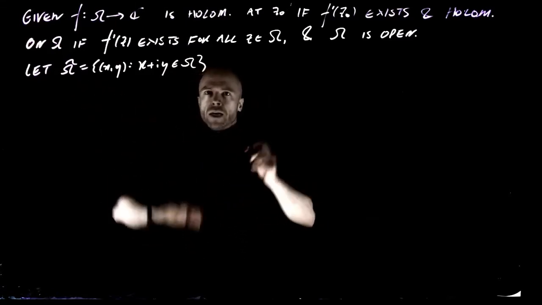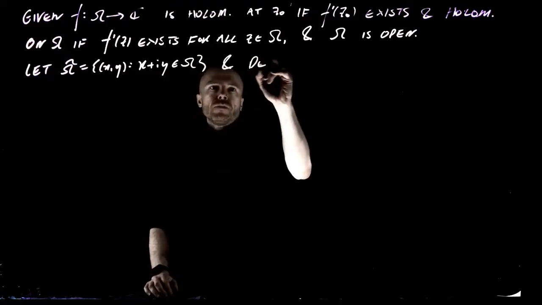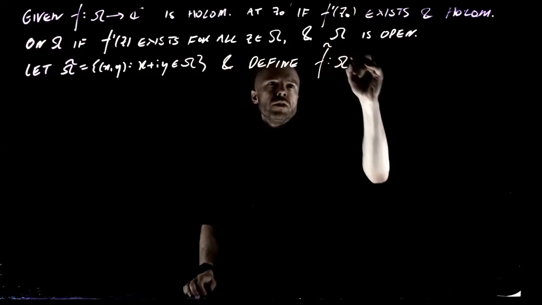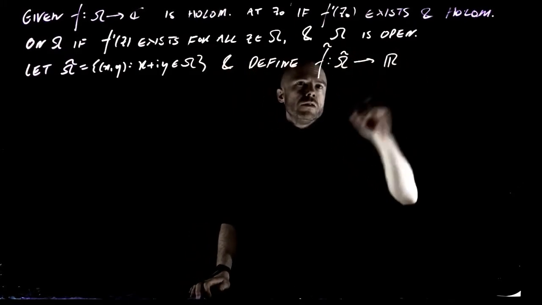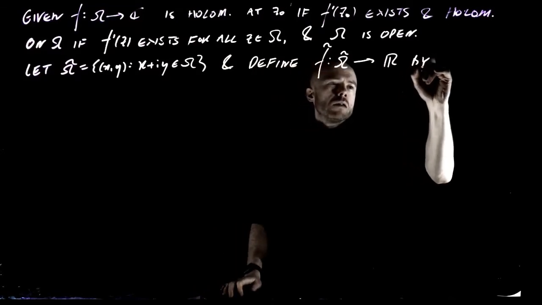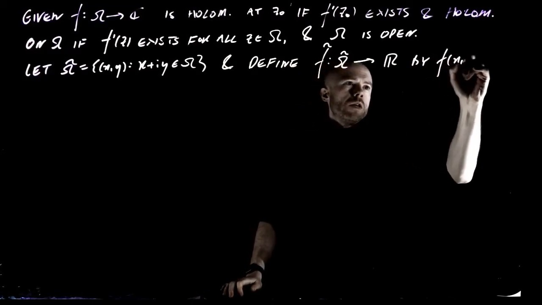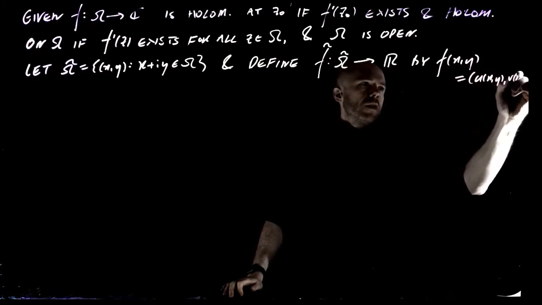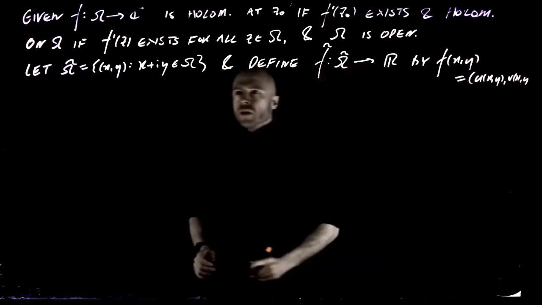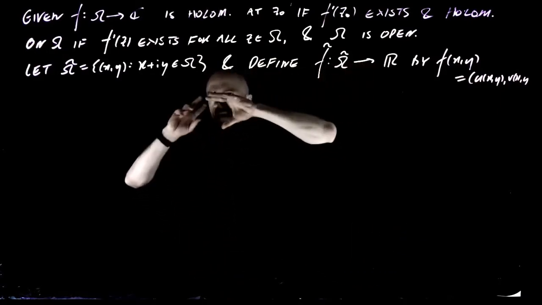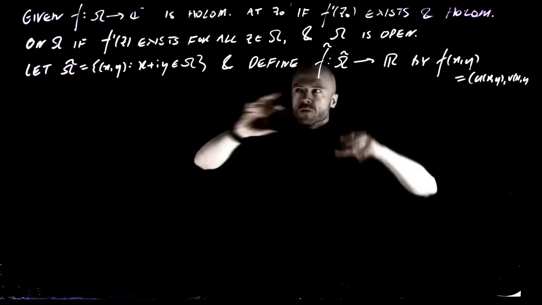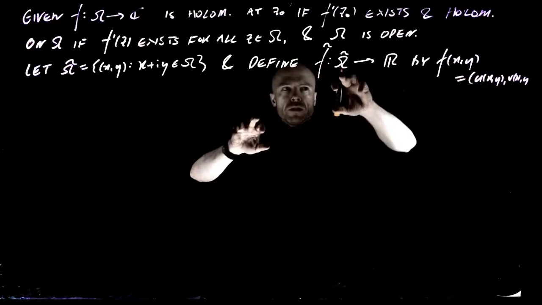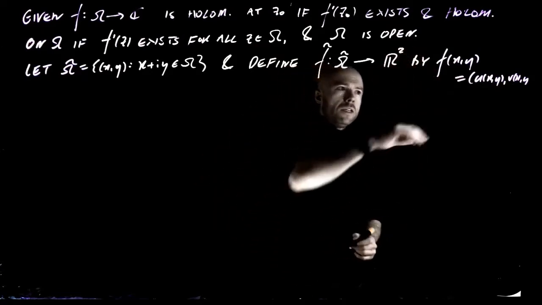Okay, and then define f tilde from omega tilde into R2 by f tilde of x, y equals u of x, y, v of x, y. Yeah, so now we get a function from this region in R2, from omega tilde into R2, in this way.